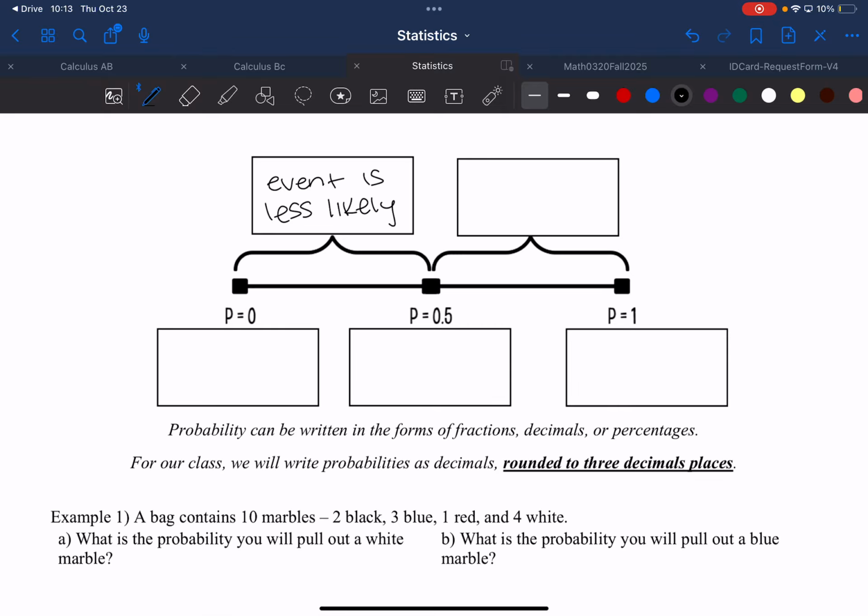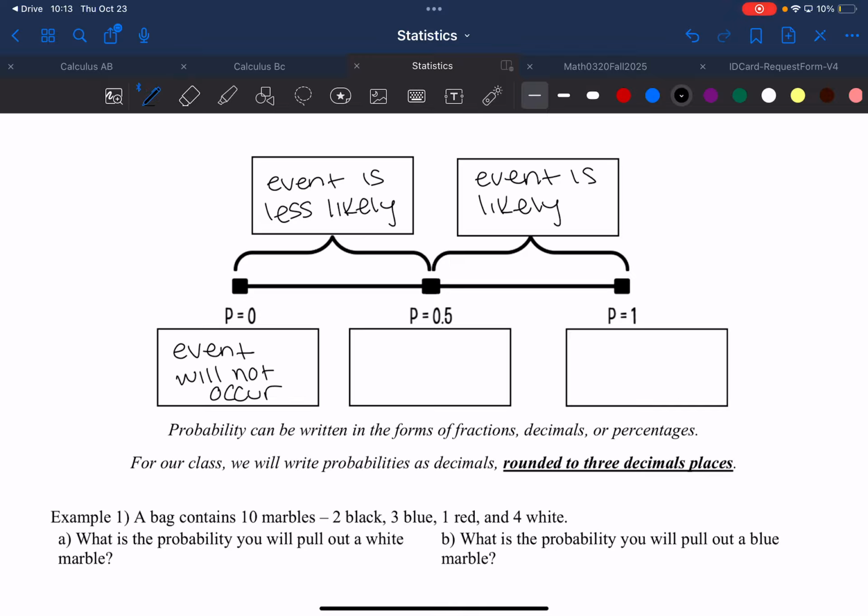Okay, if our probability is greater than 0.5, then the event is likely. Okay. If the probability is 0, this is when the event will not occur.